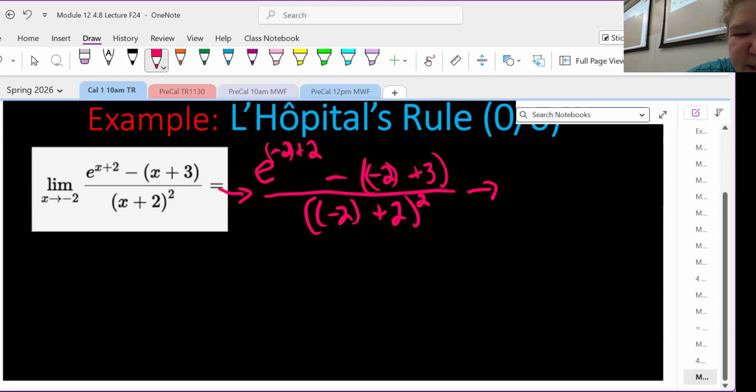So we get e to the 0 minus 1 over 0 squared, but e to the 0 is 1, so 1 minus 1 is 0 over 0.